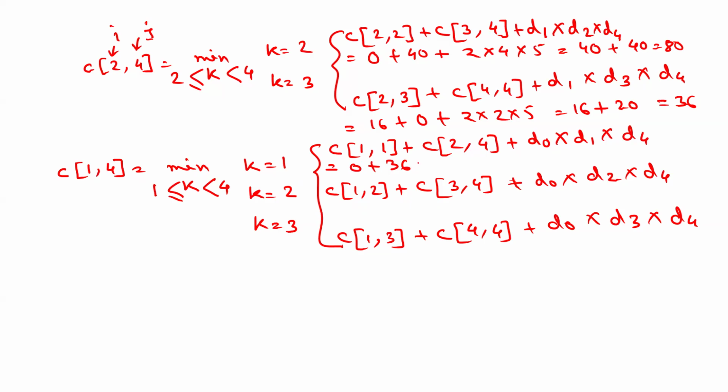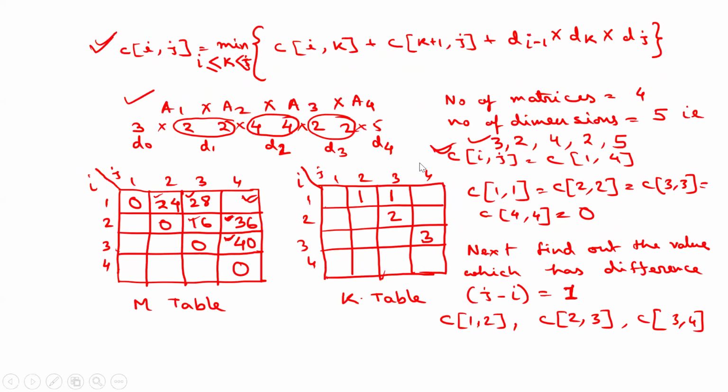36, and d0, d1, d4. The dimension d0 is 3, d1 is 2, and d4 is 5.